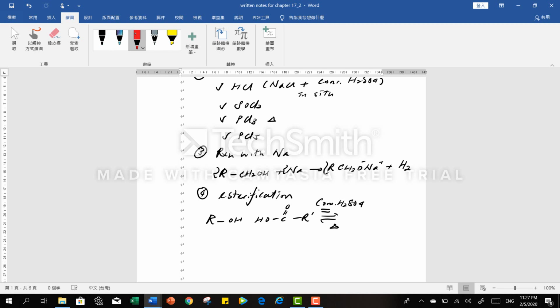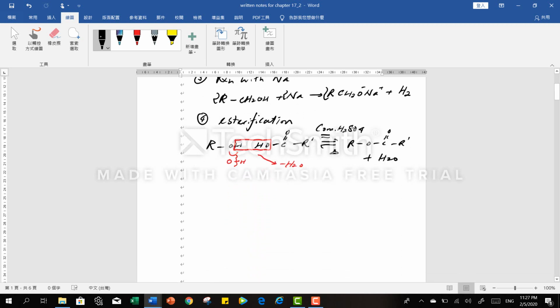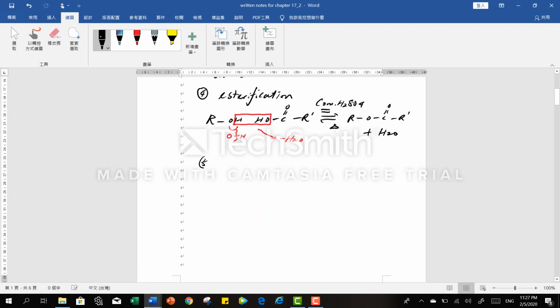So what we are doing right now is we are going to eliminate this part. Can you see this is the bond between O and H, which is broken. So you pull out the water, and then you will get the ester together with water, right?